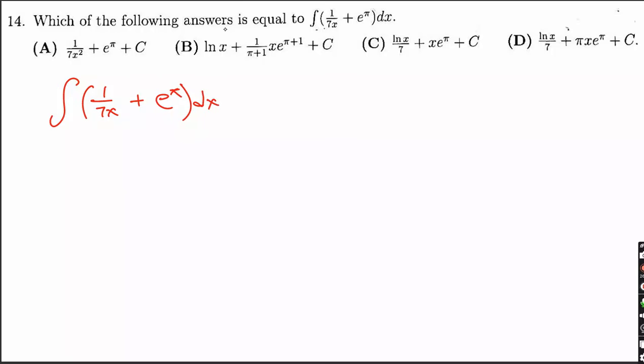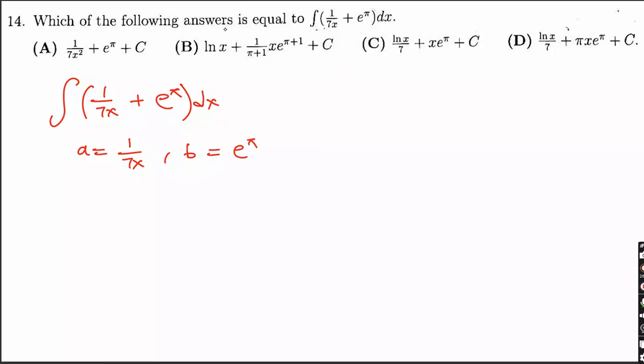Looking at this, in the bracket we have two functions. We can let the first function be a, which is just 1 over 7x, and the other function be b, which is just e to the power pi.